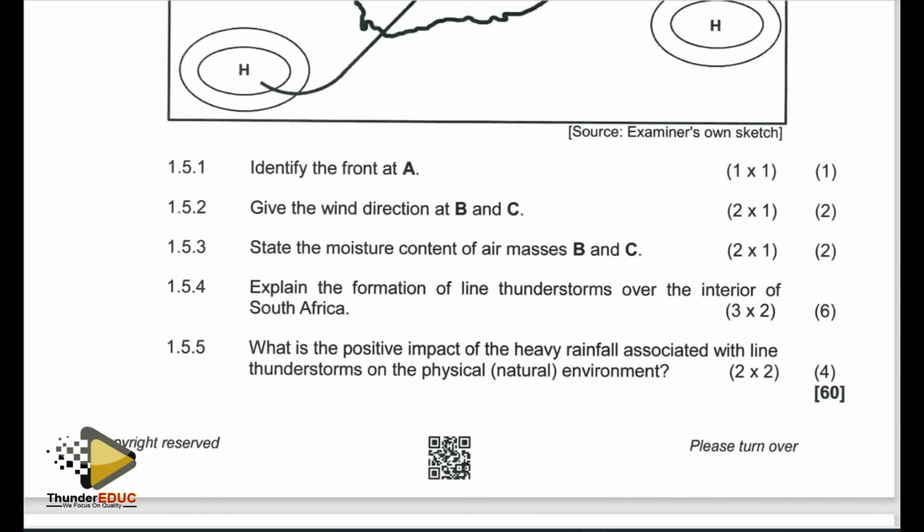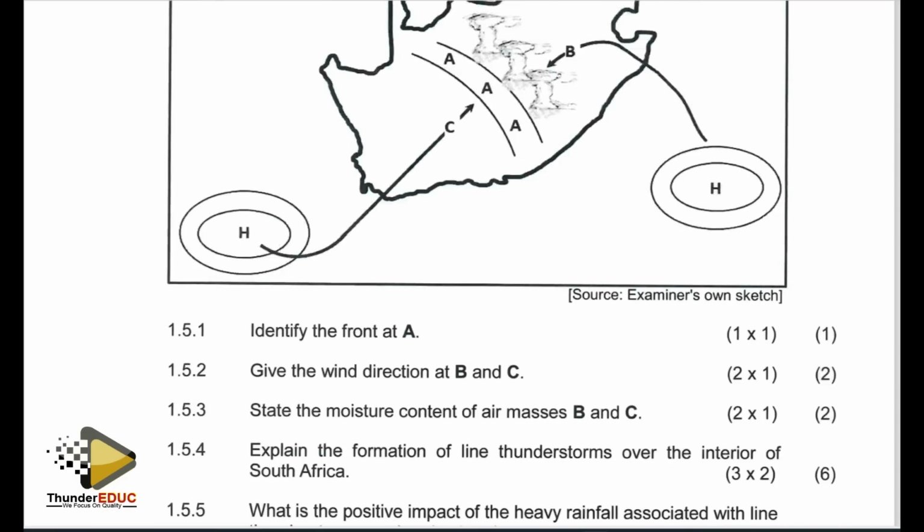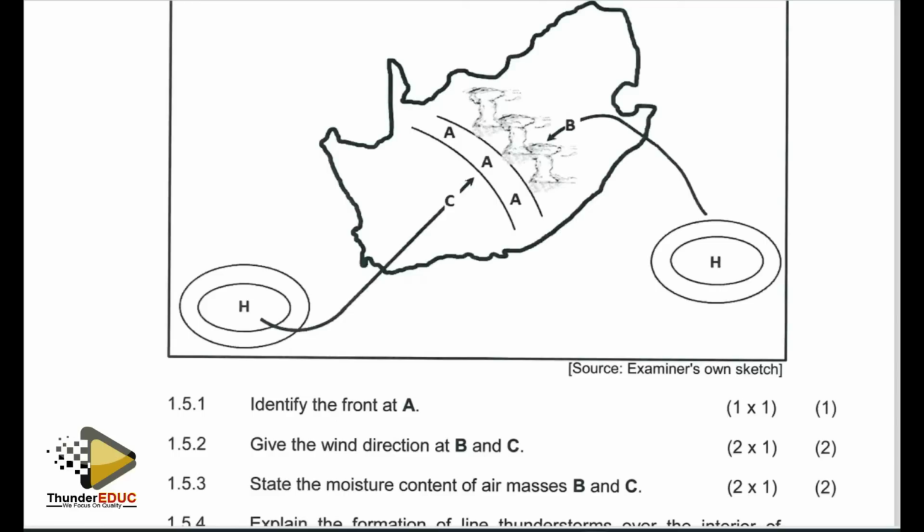Then state the moisture content of air masses B and C. Right, the moisture content we figure out from the nature of the oceans over which these high pressure cells are located. This one is located over the Atlantic Ocean, and this one to the east is over the Indian Ocean. Remember the Indian Ocean is a warm ocean, we tend to have a warm ocean current here, and the resultant effect is that the winds which come from this will be warm and moist.